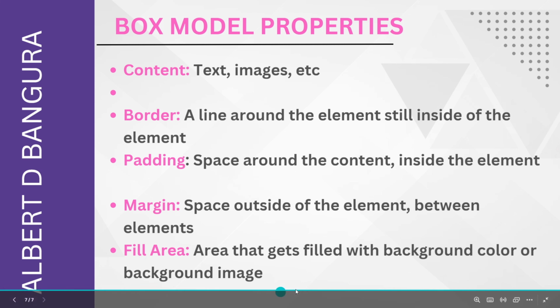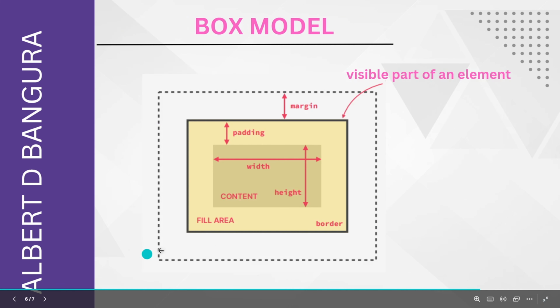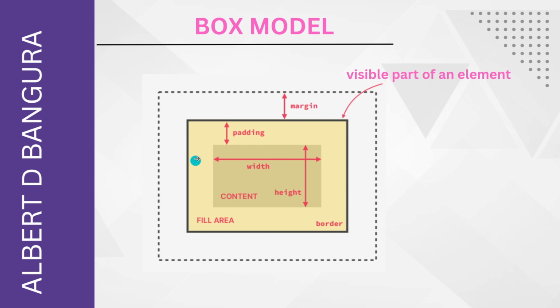And the fill area is the area that gets filled with background color or background image. As you can see here, all this filled with this color is the fill area.